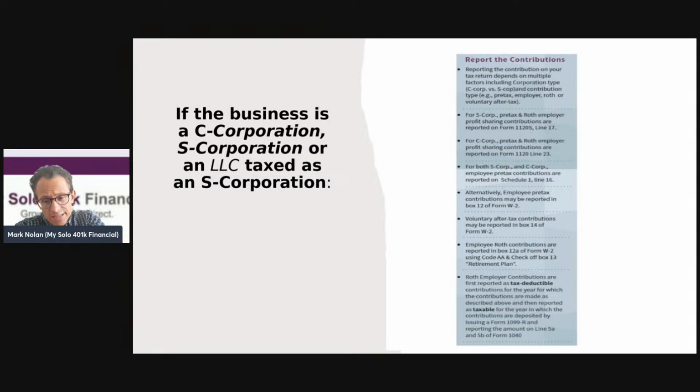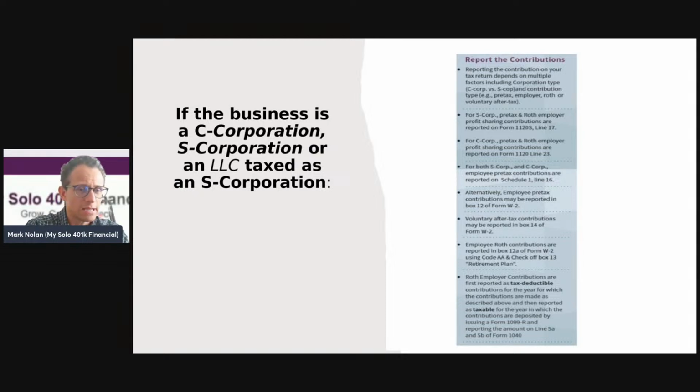And then lastly, Roth employer contributions. Those are going to be reported on your 1120S or your 1120, depending on whether your business is an S corporation or C corporation. But then we're going to have to make sure we report them on a Form 1099-R as a taxable in-plan conversion if you make those employer Roth 401k contributions.